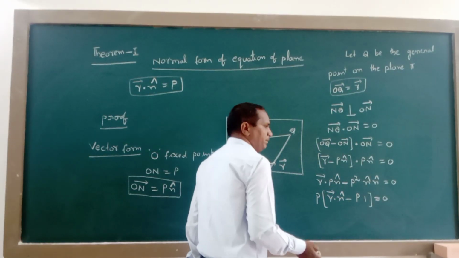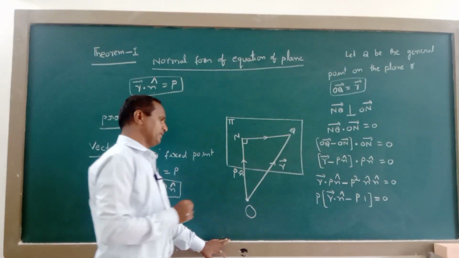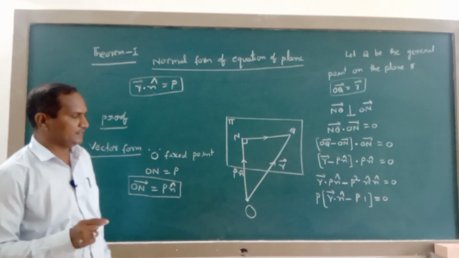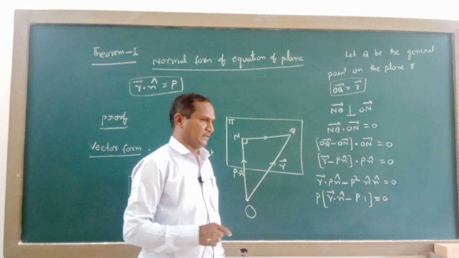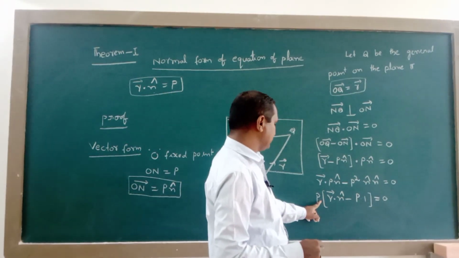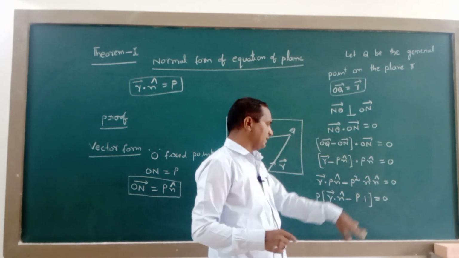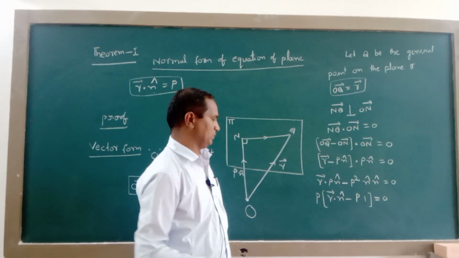Send P to that side. P is the length of the perpendicular from the origin onto that plane, so it is a constant, a real number. If we divide by it, it becomes a divisor of 0.